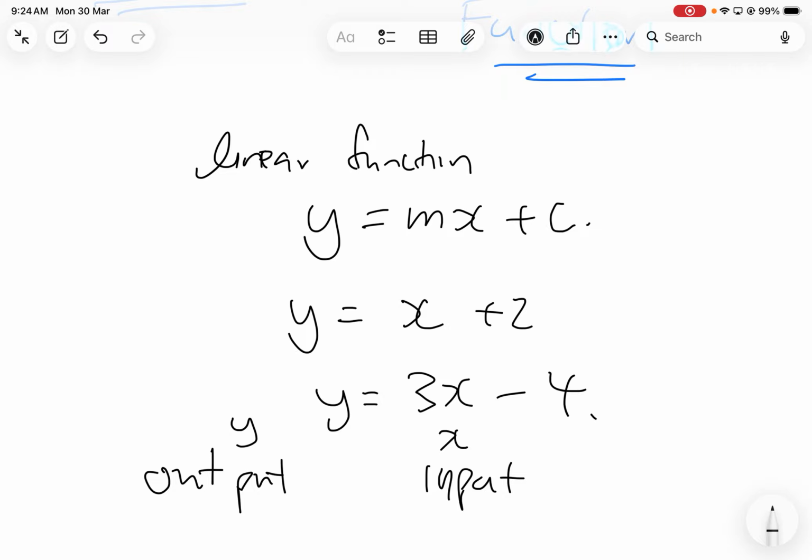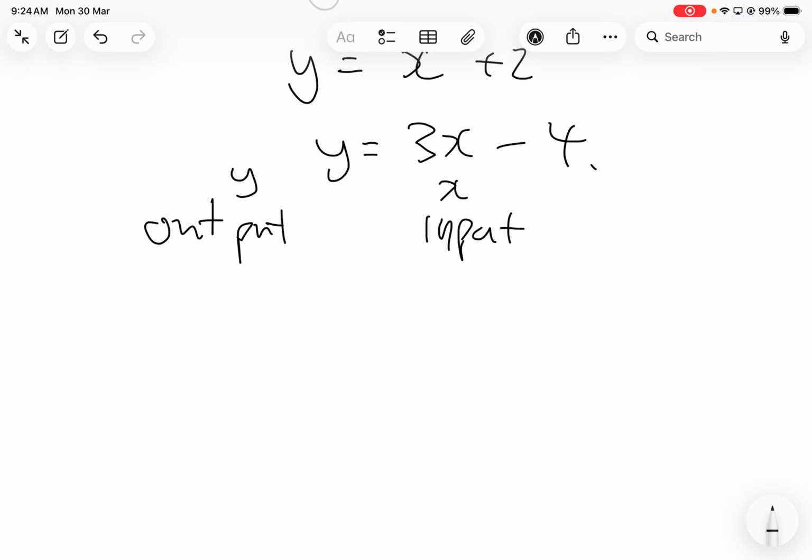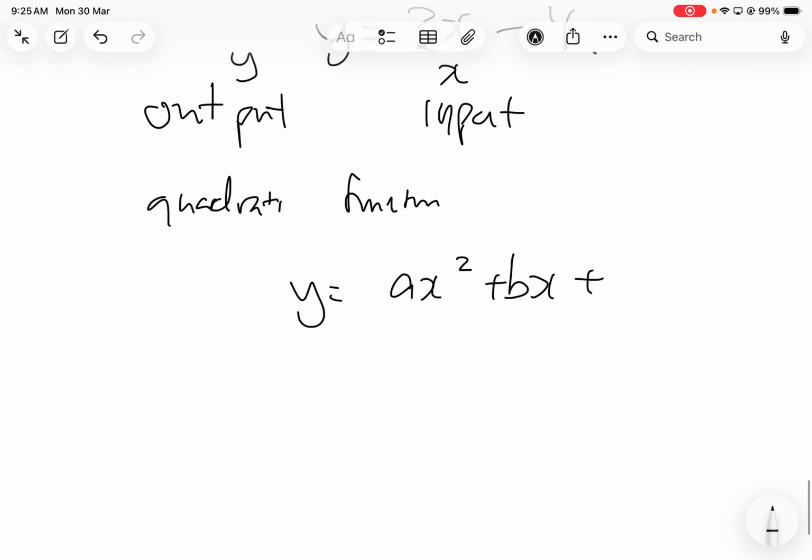Okay? So as we move on to quadratic function, it just means that my right hand side, now my x got x squared already. Okay? So now my quadratic function will look like this: y equals ax squared plus bx plus c. A, B, and C are numbers.